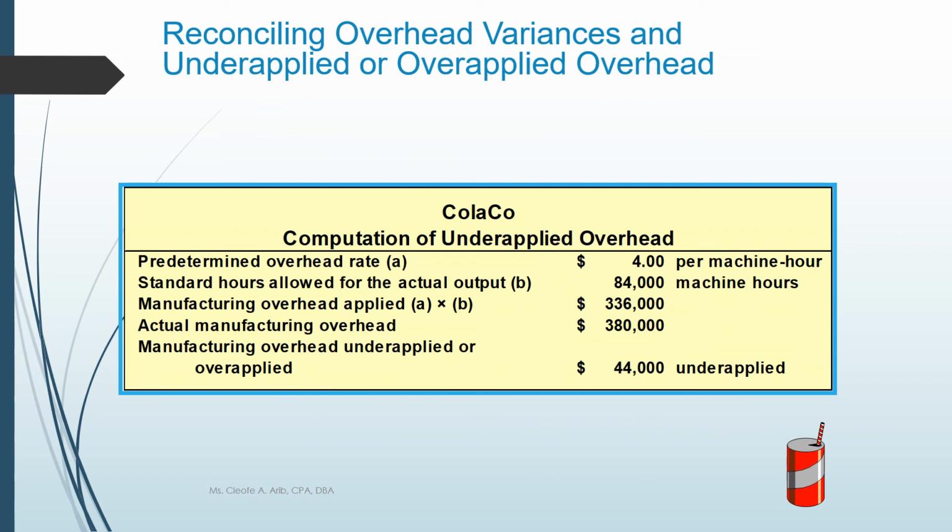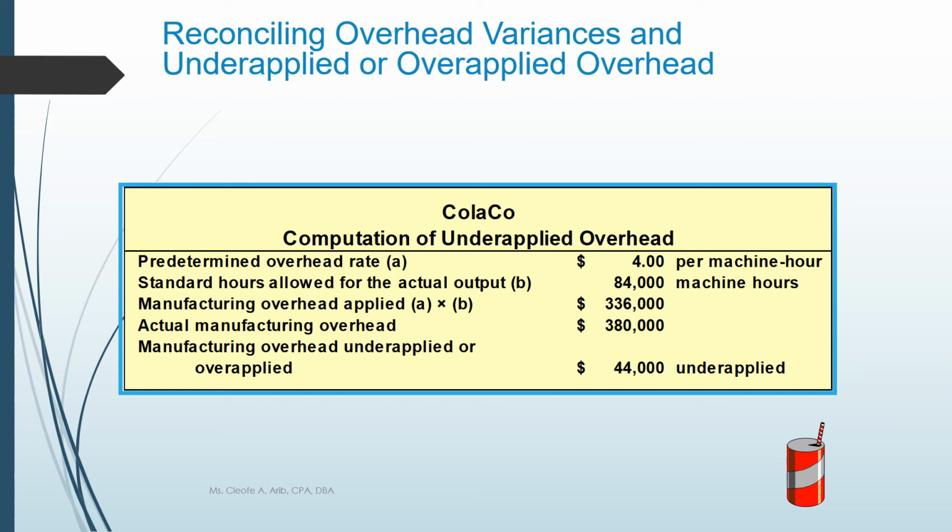So, let's see if Cola Company has over-applied or under-applied overhead for the period. Now, if you will recall, the predetermined overhead rate that we computed earlier is at $4 per unit. Total predetermined overhead rate.